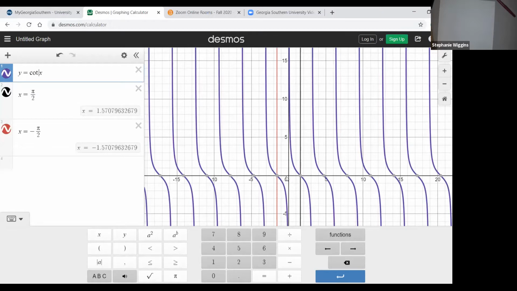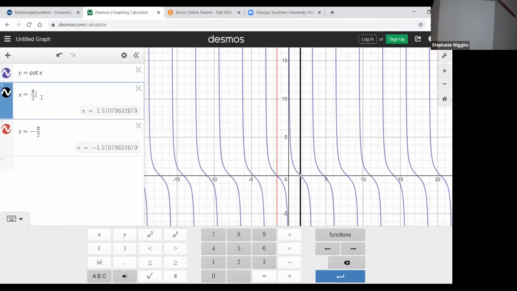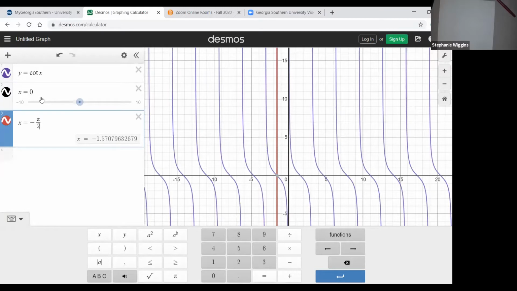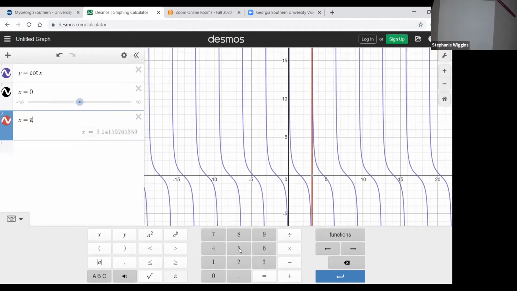Instead, it's between 0 and pi. So let me change these to 0 and to pi. So here we go, one cycle is between 0 and pi.